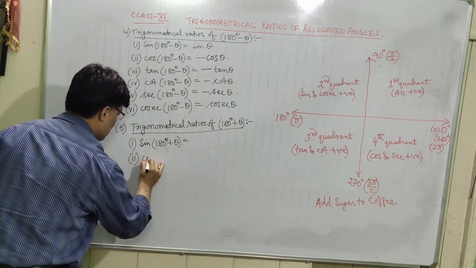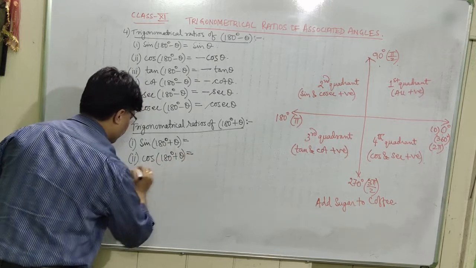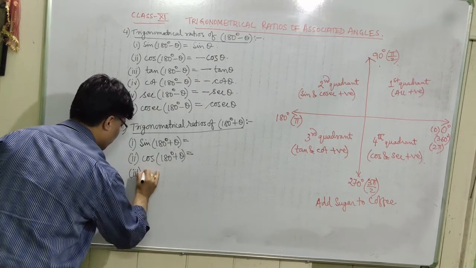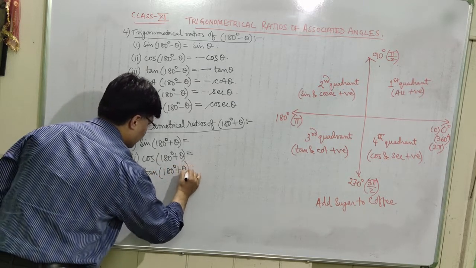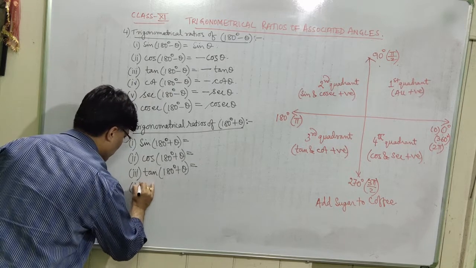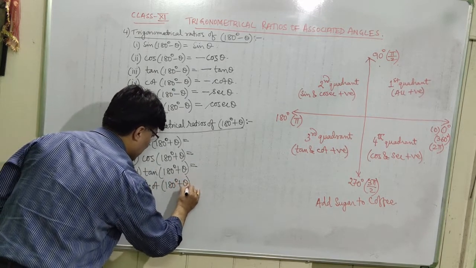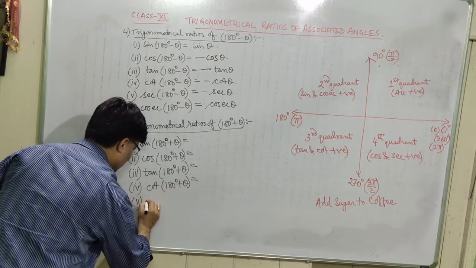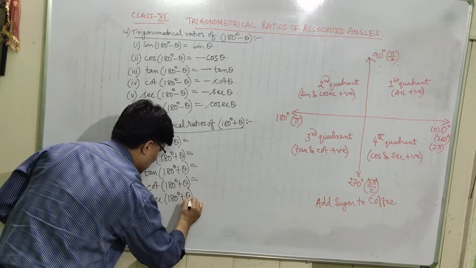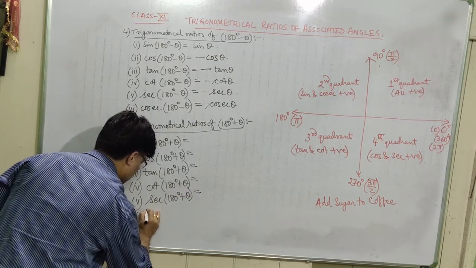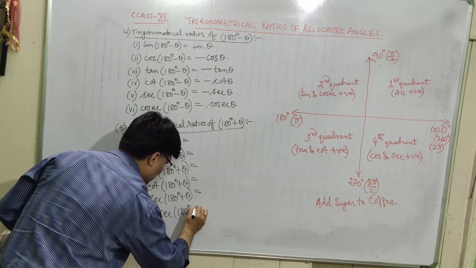Number 2, cos 180 degree plus theta. Number 3, tan 180 degree plus theta. Number 4, cot 180 degree plus theta. Number 5, sec 180 degree plus theta. And number 6, cosec 180 degree plus theta.